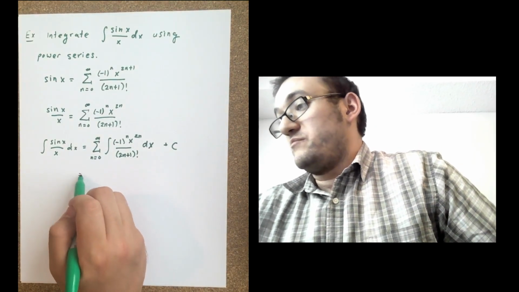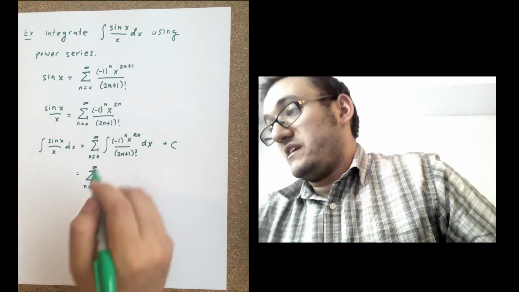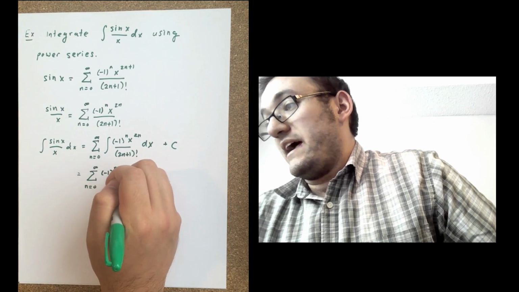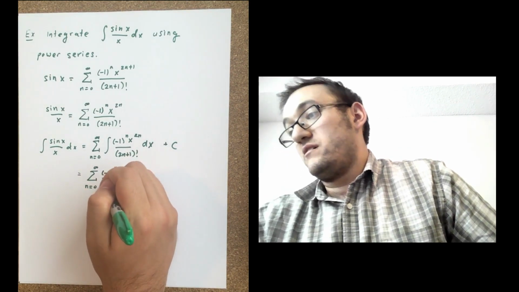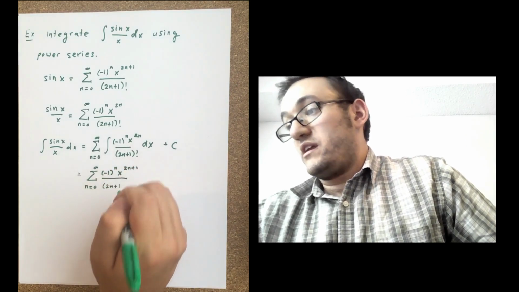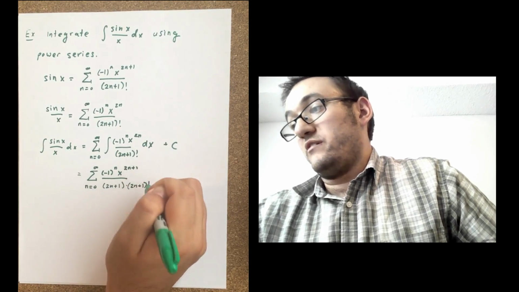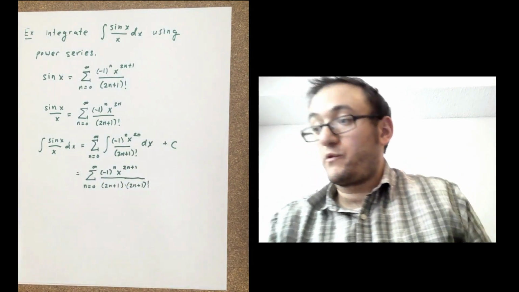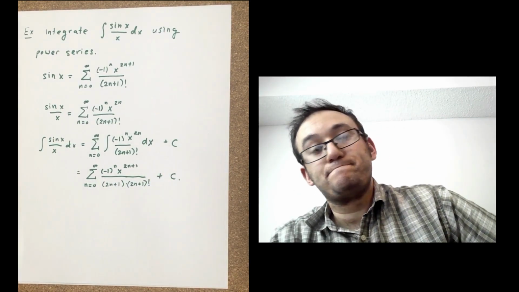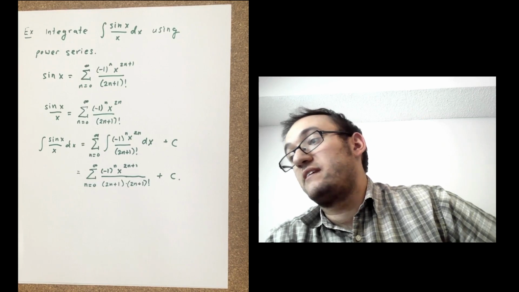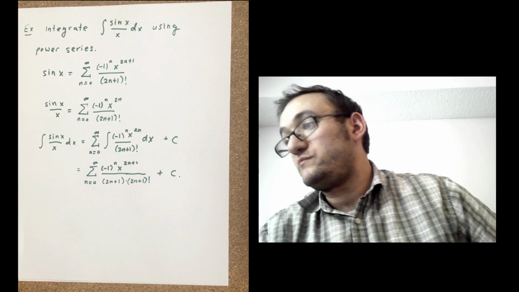So this will be given by the sum from n equals 0 to infinity of (minus 1)^n x to the 2n plus 1 divided by (2n plus 1) times (2n plus 1) factorial, plus c. Okay. So this helped us get a power series expression for an integral that we don't even know how to compute. Okay, so that's pretty nifty.